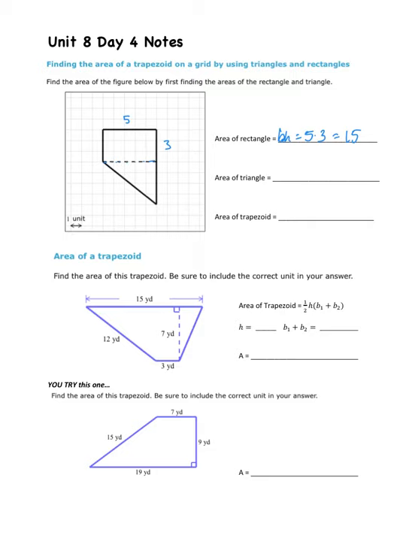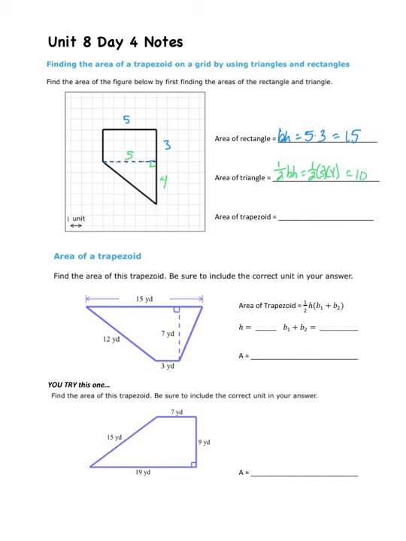You've got the base, which is 5, and there's our right angle, and this height is 1, 2, 3, 4. So the area of the triangle is 1/2 base times height, which is 1/2 times 5 times 4. Half of 20 equals 10.